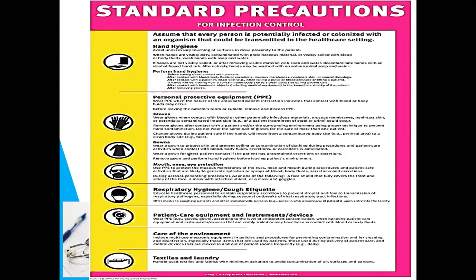This is very important. Unfortunately, we notice wrong practices where medical staff or physicians use the PPE for several patients. It's wrong, totally wrong. It should be used for one patient and removed before leaving the room.